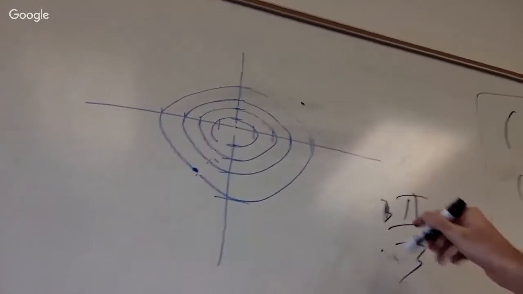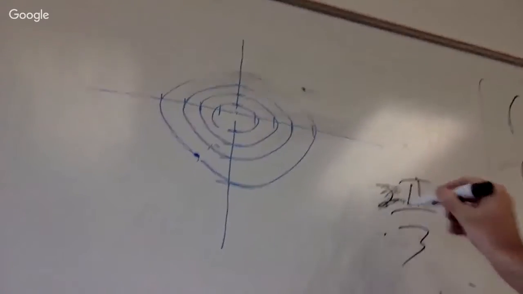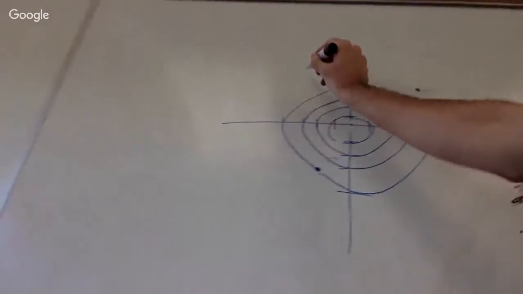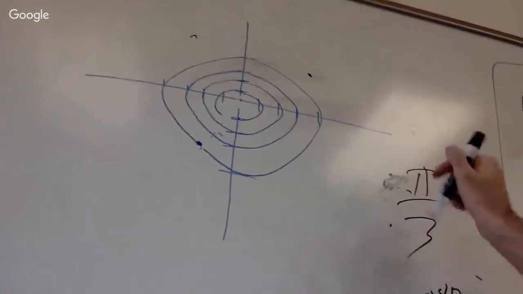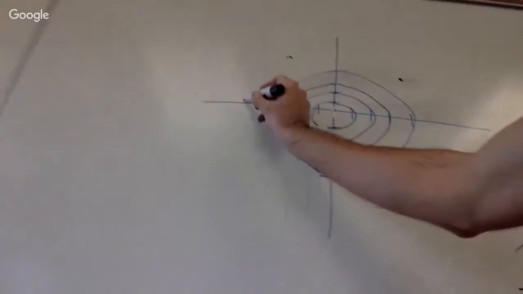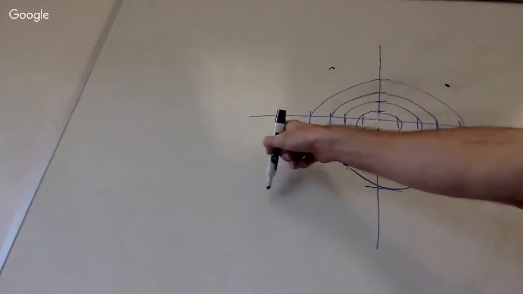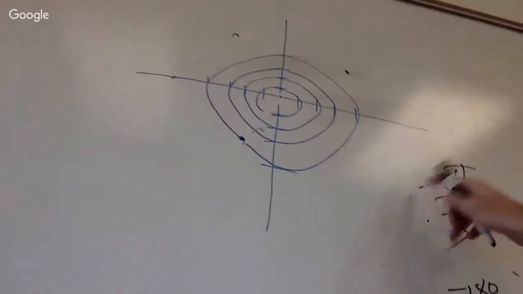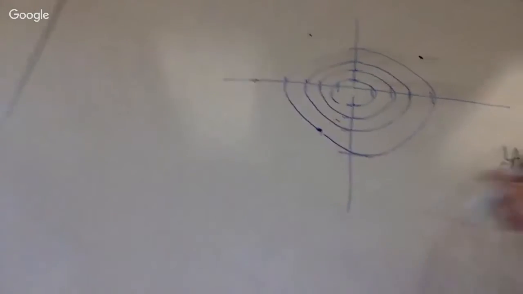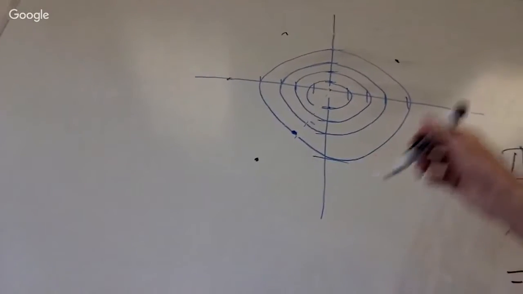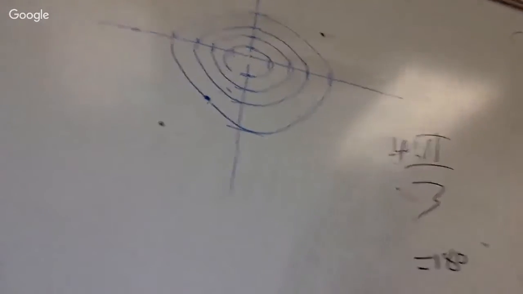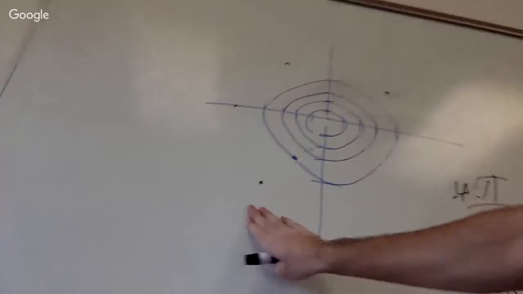This is saying we're going 60 degrees twice, which would put us right here. And this would say we're going 60 degrees 3 times, which is 180, right? So ours is 4 pi thirds, so we're going 60 degrees 4 times, which puts us right here, which is 240, right? Yeah. Okay, we got 240 degrees here.